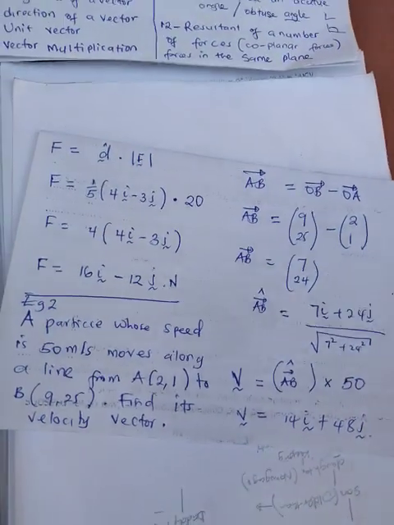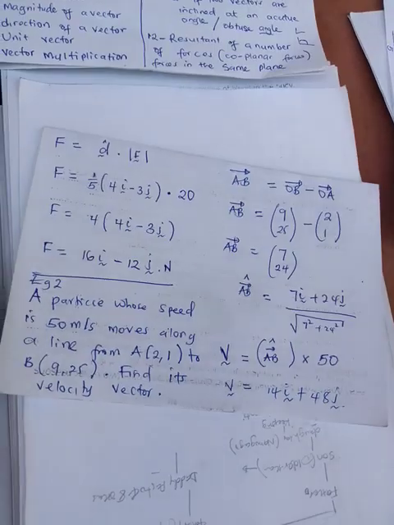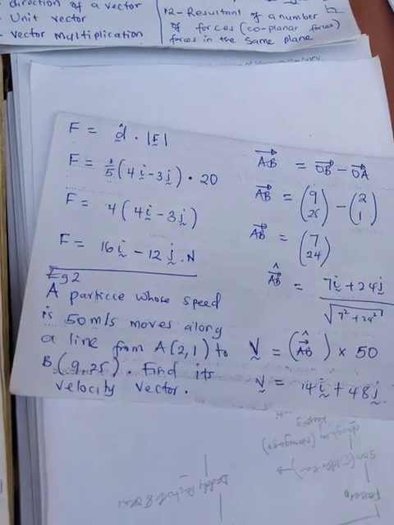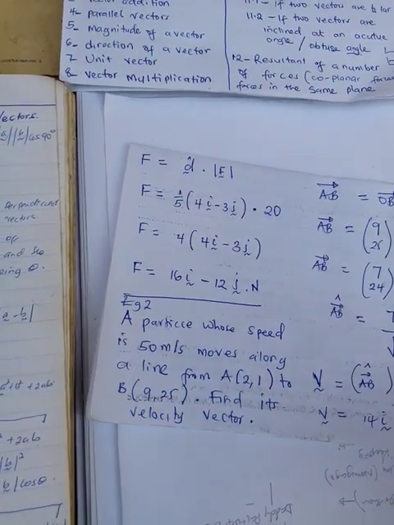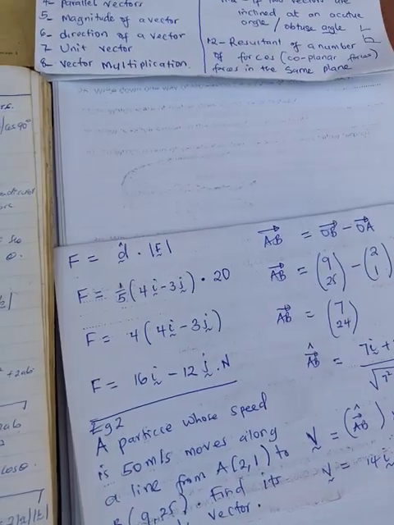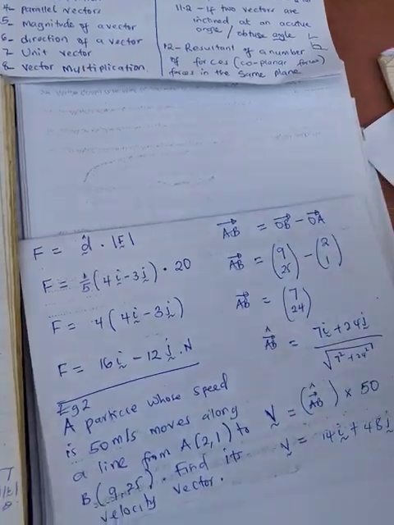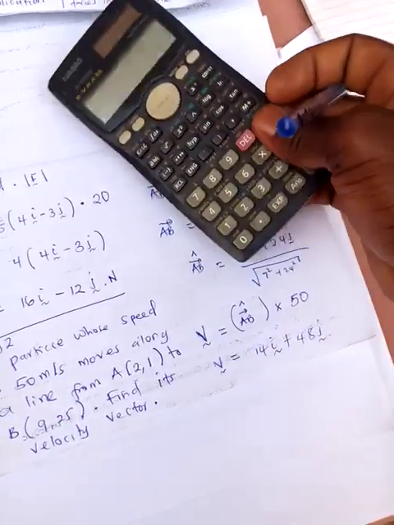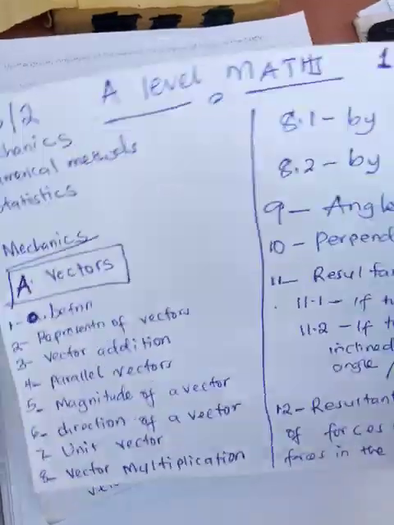Now if you have seen it clearly like that, we have to move on. We are going slowly so that we don't miss out any concept. Every concept I want it to be done very well. So I think unit vector is done.